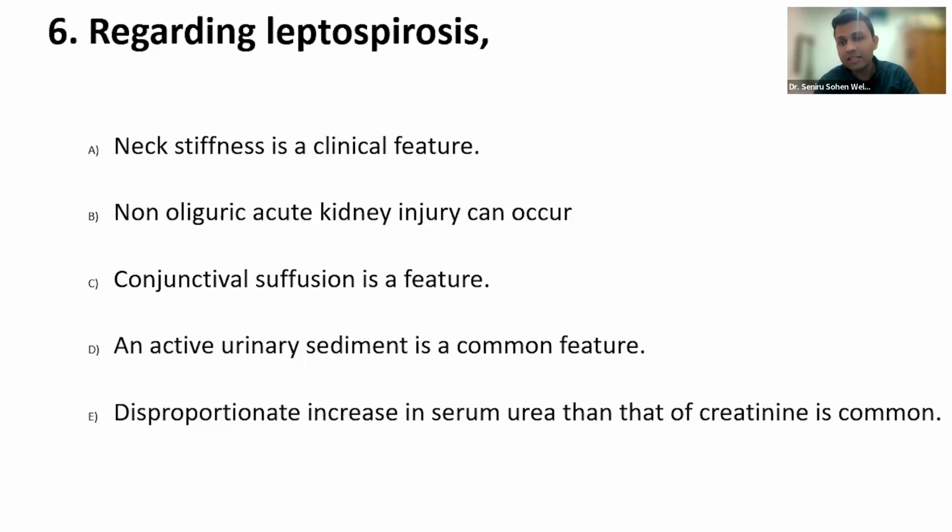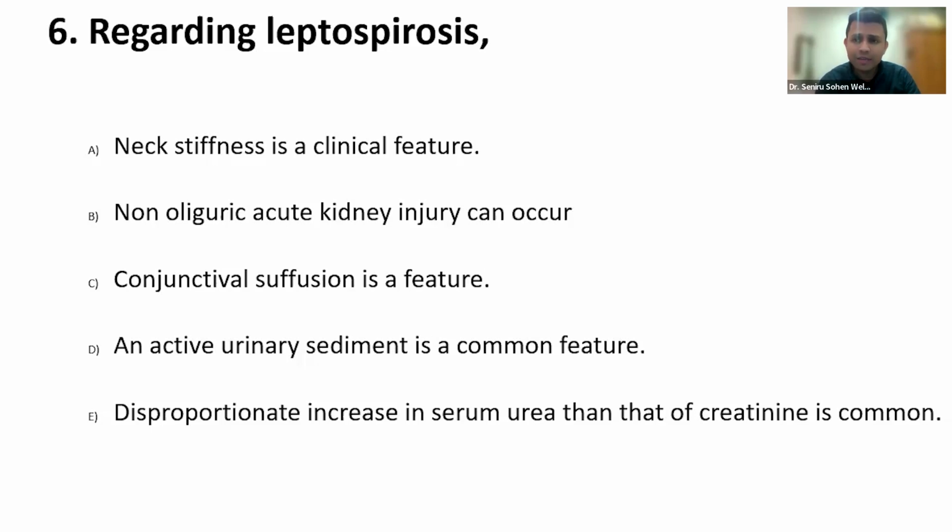The classical features would be fever, headache, and very significant arthralgia and myalgia. In most patients, this disease will be very mild and self-limiting. Because of this, we classify the patient as having two spectrums of disease, anicteric leptospirosis and icteric leptospirosis.